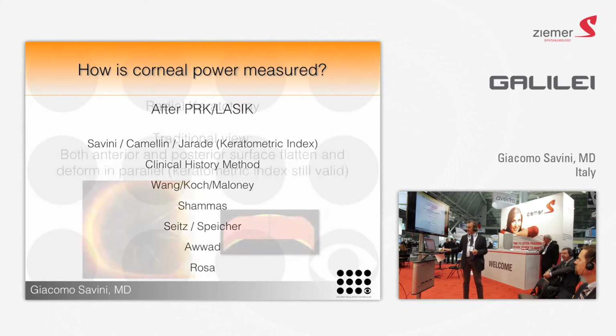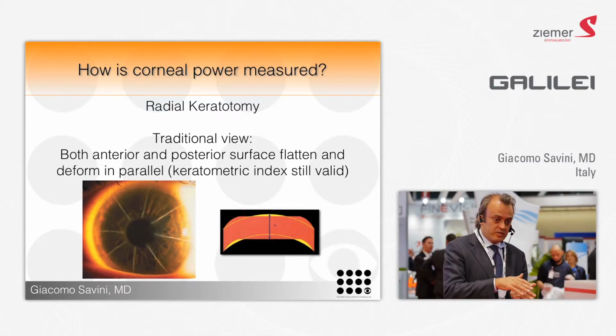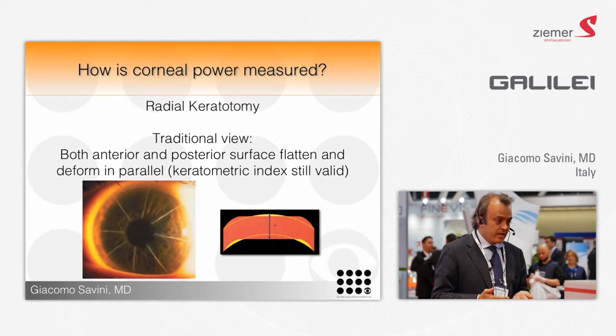By the way, what happens after radial keratotomy? Most of us have been thinking for a long time that both corneal surfaces flatten the same way, so that the ratio between the anterior and posterior surface is maintained and the keratometric index is still valid.